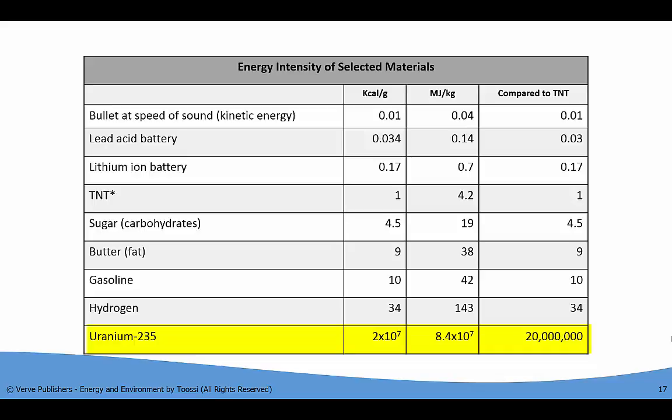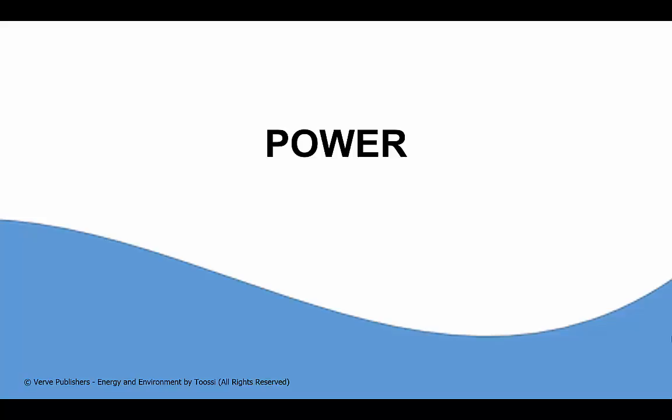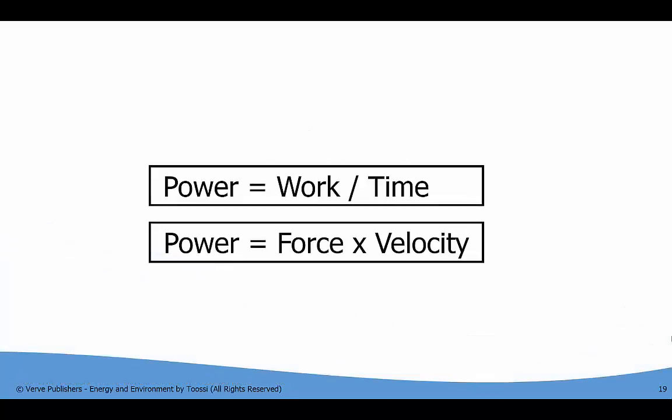So looking at gasoline, which is fossil fuel, at 10, and uranium-235 at 20 million, for the same mass the nuclear energy has 2 million times the energy of the fossil fuel. That is the big advantage of nuclear energy compared to fossil fuel, and we'll talk about this quite a bit in future modules.